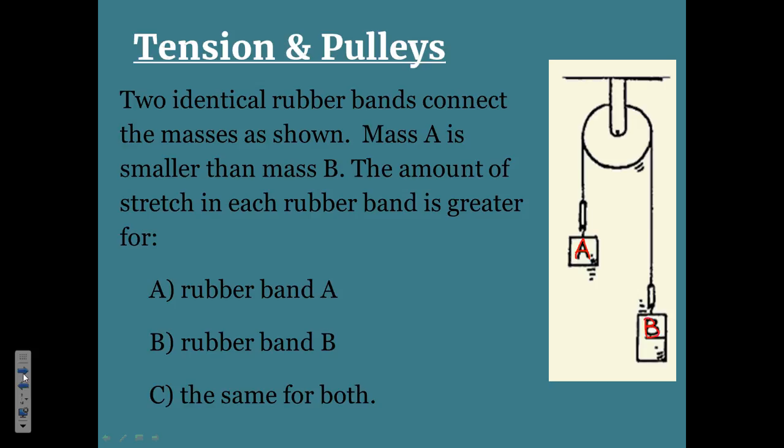Makes sense? The amount of stretch, which also means tension, in each rubber band is greater for rubber band A or rubber band B, or is it the same for both? Remember what you just wrote down, read back over it, and think about this.